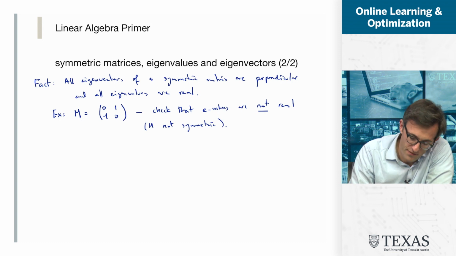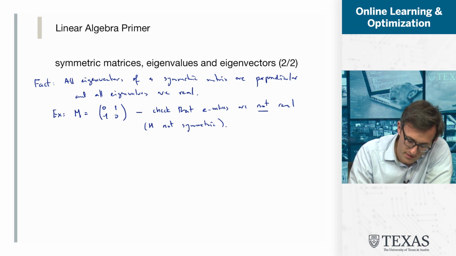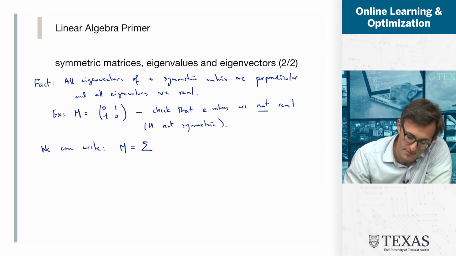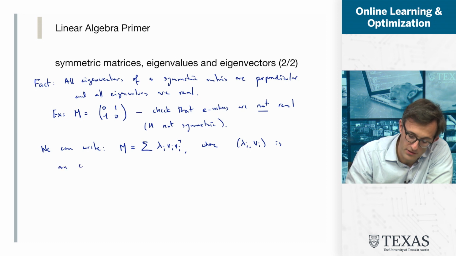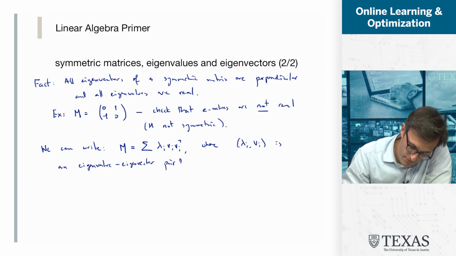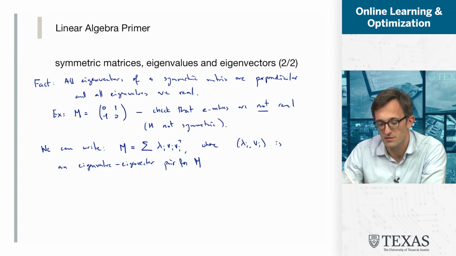So if M is symmetric, then we can always write M as the sum of lambda_i v_i v_i transpose, where lambda_i, v_i is an eigenvalue, eigenvector pair for M, and also where v_i is normalized.